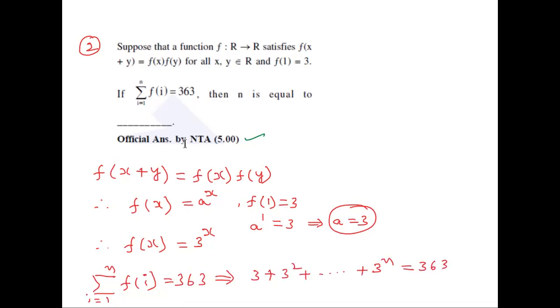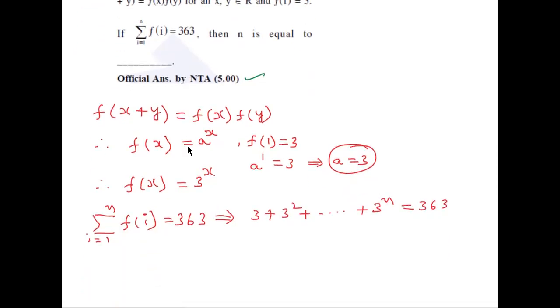Now observe the left hand side. It is the sum of n terms in a GP series. What is the formula? a into r power n minus 1 by r minus 1. Here r means 3. 3 power n minus 1 by 3 minus 1, that is equal to 363.